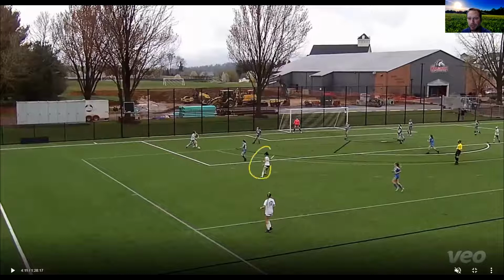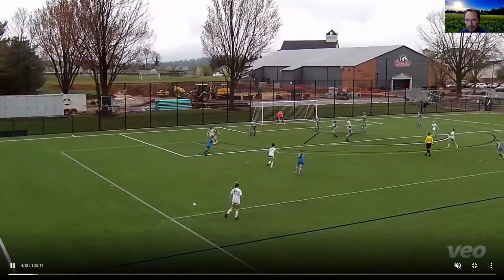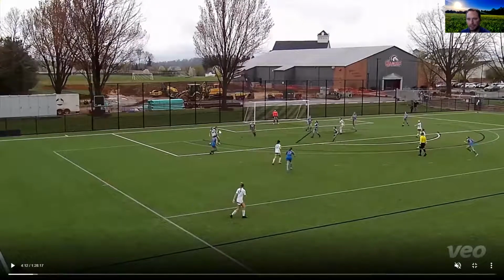So this player then intelligently moves this way so that they can form some passing angles, right? That's great. Now, this player does not commit, which creates some problems because here, look, the attacking player has her back to goal. There's 1 behind her, 2 supporting there, 3, 4 blues, 5.